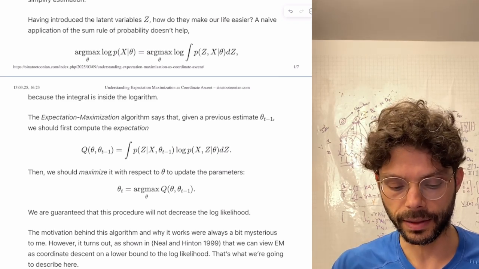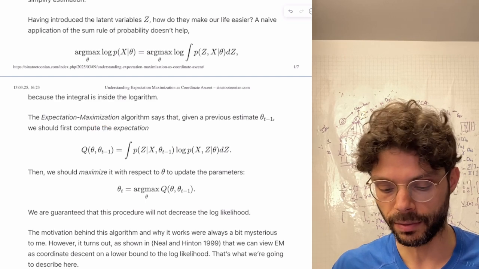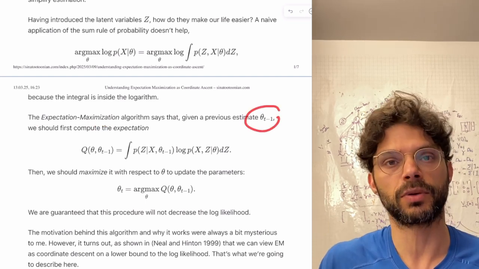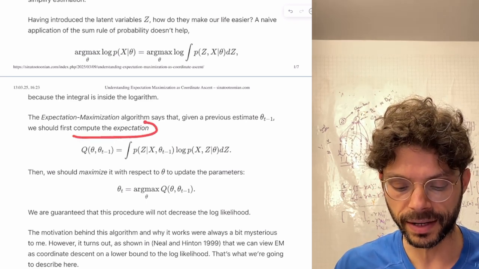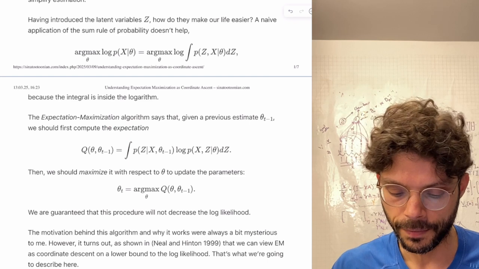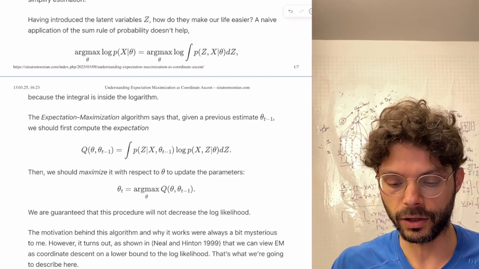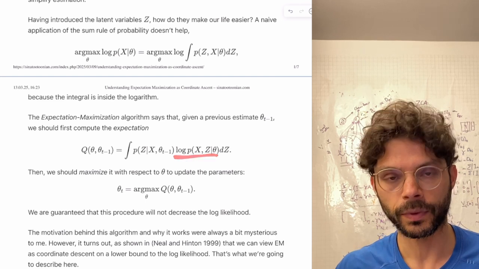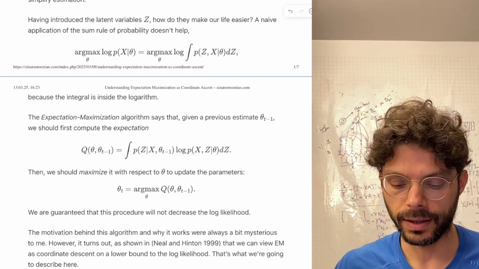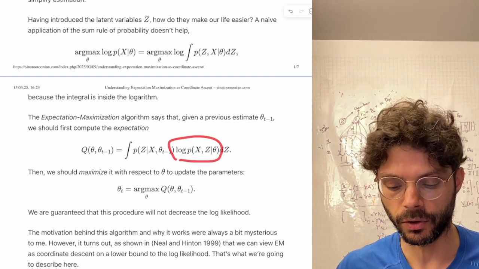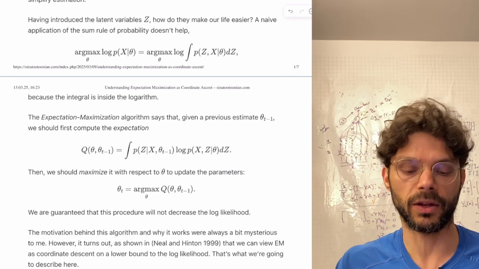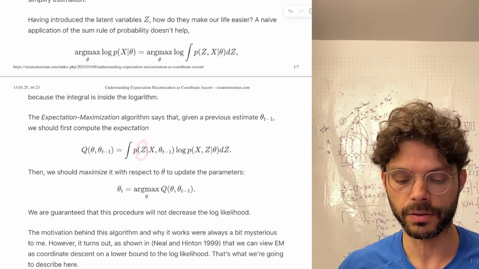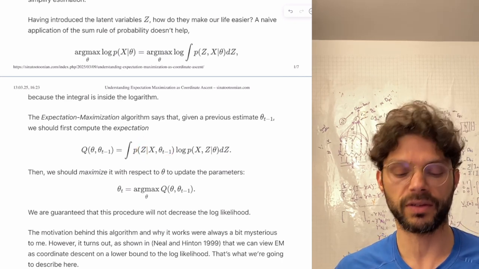Okay, so what the EM algorithm says is, you've got a previous estimate, your previous guess at the parameters, and we should first compute the expectation. This is the expectation step. So you've got this joint distribution, and you compute the expectation of this joint distribution over Z, given the previous value, so given the posterior distribution on the latents given your previous guess.